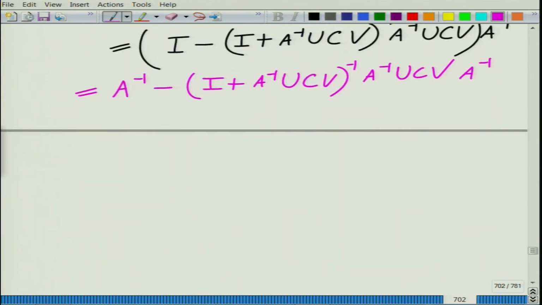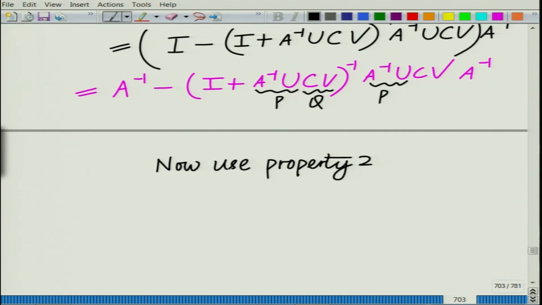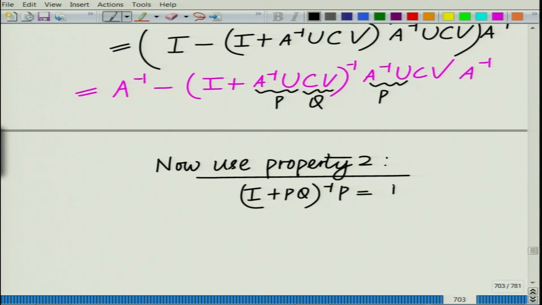times A inverse. Now we use property 2. So, now use property 2 by setting this quantity as P, this quantity CV equals Q. Recall what is property 2: (I + PQ) inverse times P equals P times (I + QP) inverse.